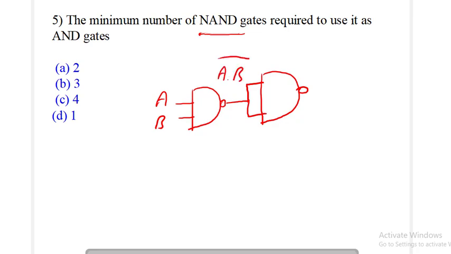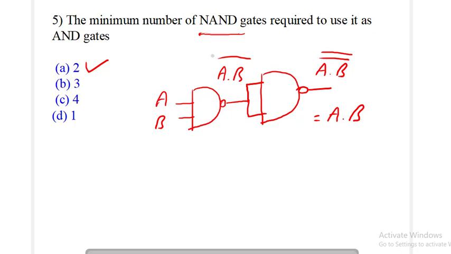Now a NAND gate whose inputs are short-circuited works as a NOT gate. So we get A dot B bar as the input, and it makes another bar, which cancels out the previous one. So what we have is A dot B. So the minimum number of gates required to convert a NAND gate to an AND gate is 2.